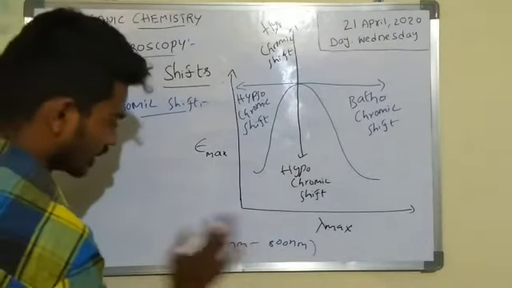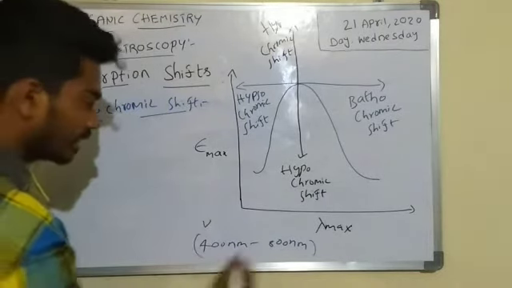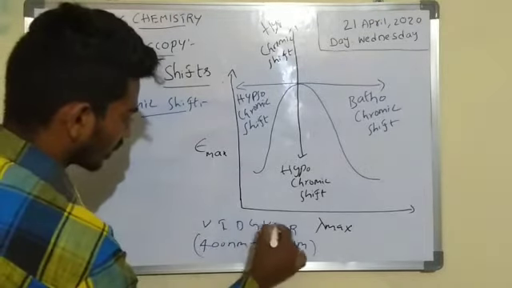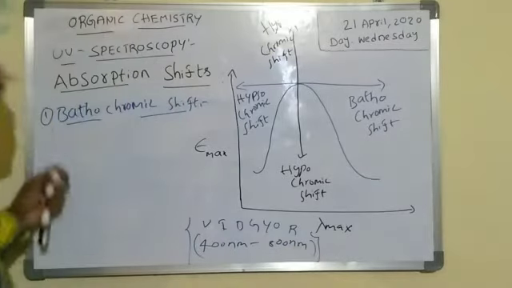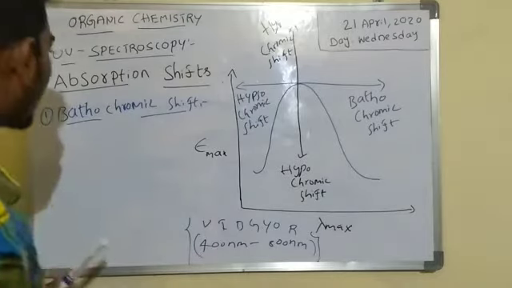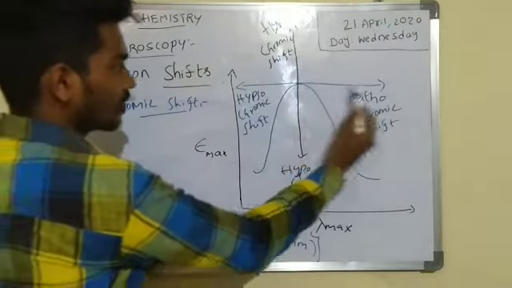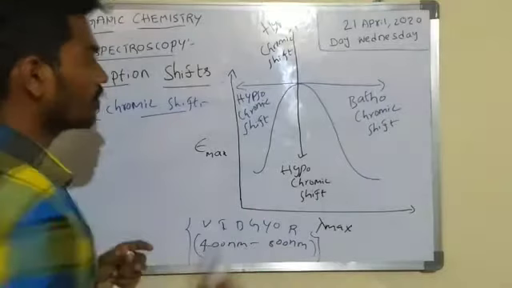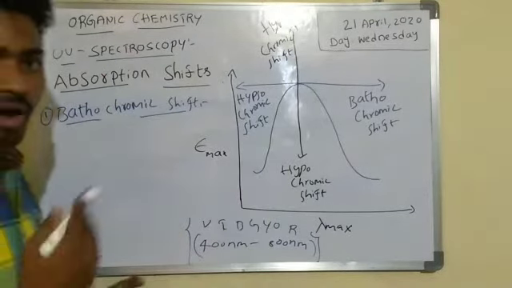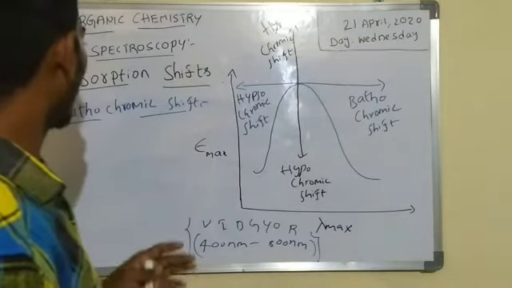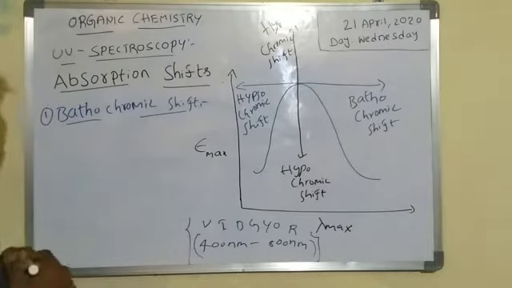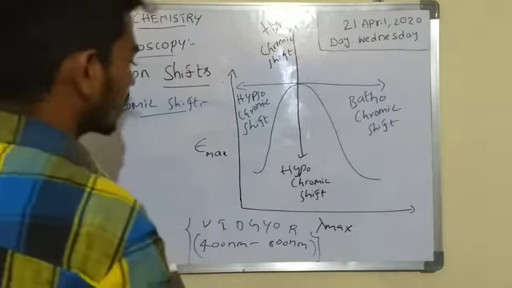In this visible region, from violet to red, VIBGYOR, we see the VIBGYOR. Okay. Now, what is bathochromic shift? Bathochromic shift is an effect due to increasing the maximum wavelength in the presence of auxochrome. That shift is called bathochromic shift. Bathochromic shift is also called red shift.